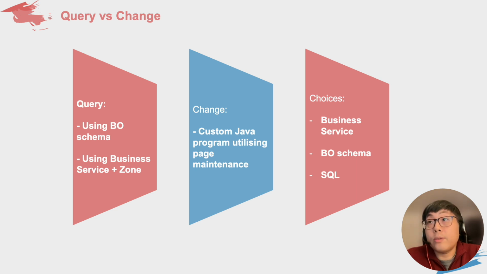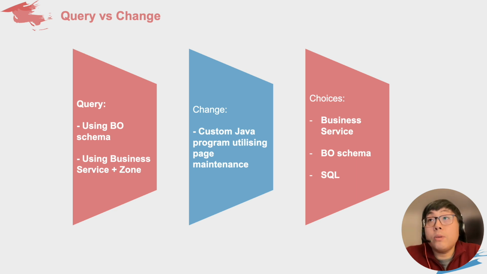Now that requires a change on the business object, and that means a new schema is required, and you need to extend the base BO for device. If you don't want to do that and you don't use the business object that often, another option is to create a business object and a zone behind the business object.